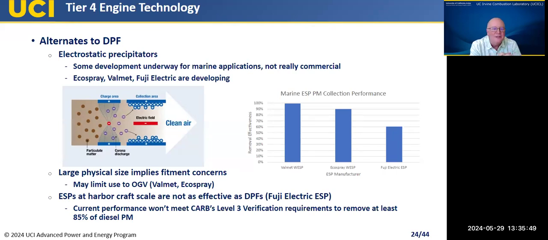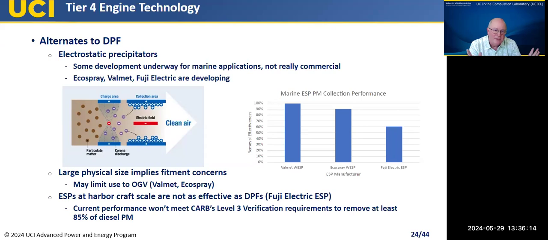So why not try this for exhaust? There's a number of manufacturers pursuing this, but it's effectively a surface area type device, which means the device is pretty large to be effective. And so again, the physical space these require can be quite large.